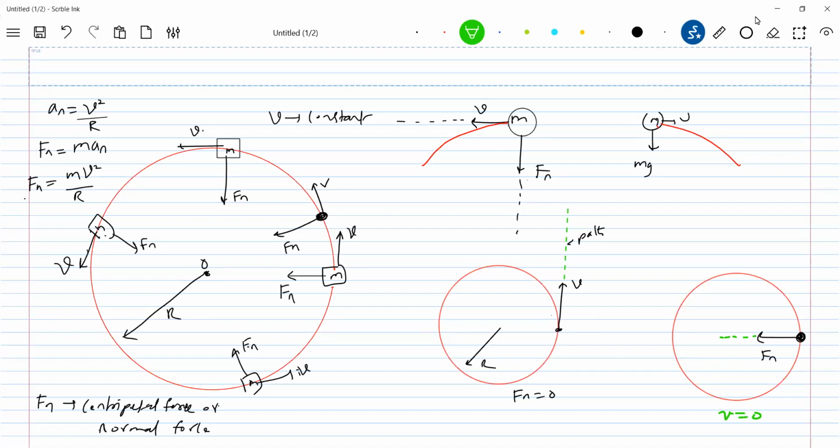So what are the essentials? I'm using this word. There should be centripetal force and the velocity.